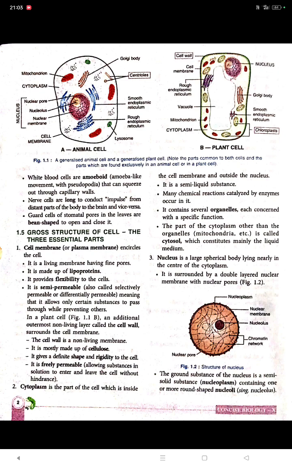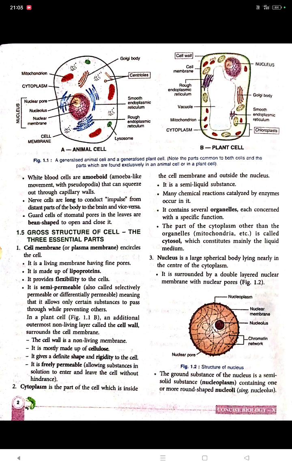Centrioles, Golgi body, next ribosomes, rough endoplasmic reticulum, next lysosome, mitochondria, chloroplast. These are all present in the cytoplasm. The part of the cytoplasm other than organelles is called cytosol, which constitutes mainly the liquid medium.